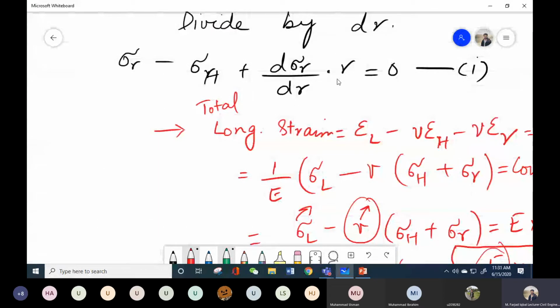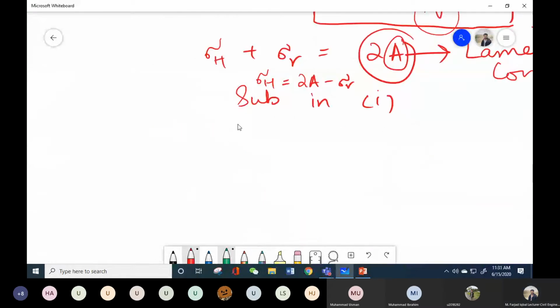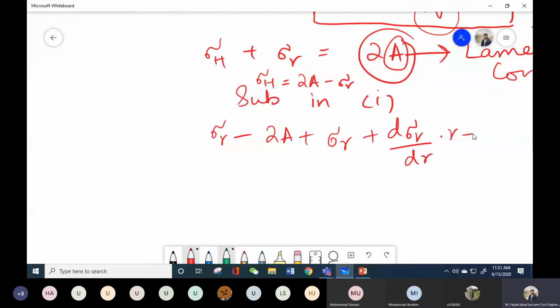So I will substitute the value of sigma h into this one, and I will get sigma h, sorry, it should be sigma r minus 2a plus sigma r plus d sigma r over dr dot r is equal to 0.